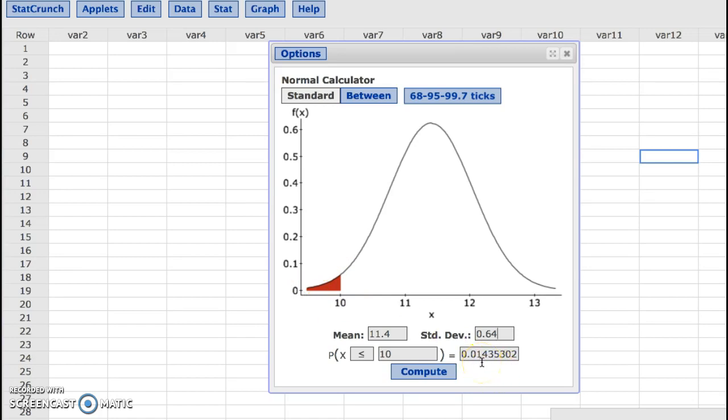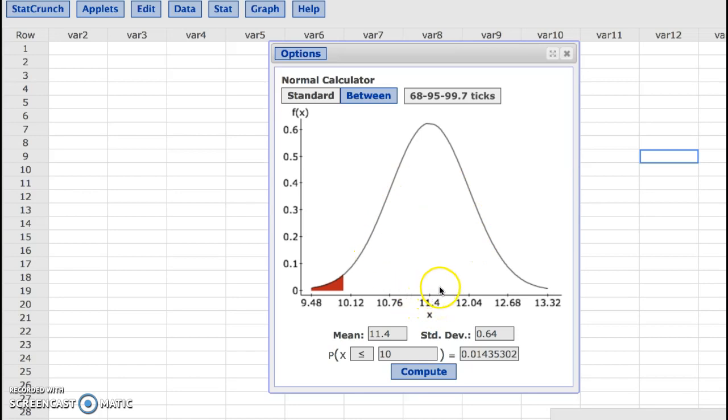We could say 1%. And what I want to illustrate may be easier to see if we click the marks for our 1, 2, and 3 standard deviation tick marks. Notice with a small standard deviation, this curve is much more tightly centered around the mean.